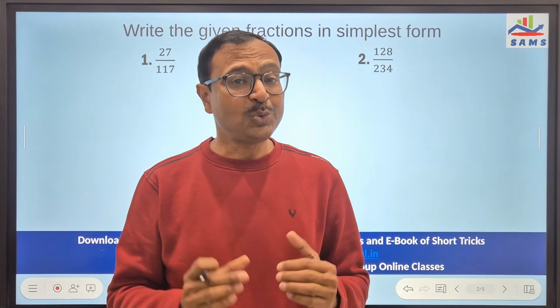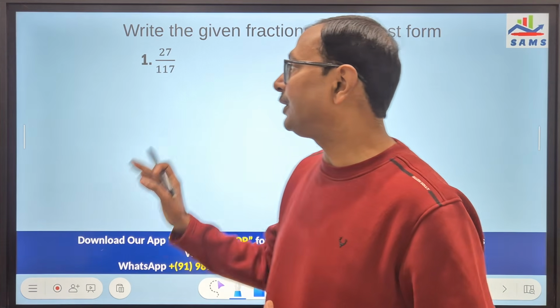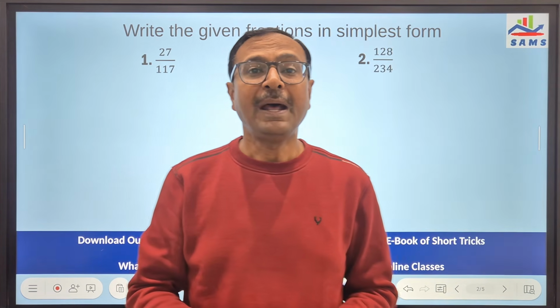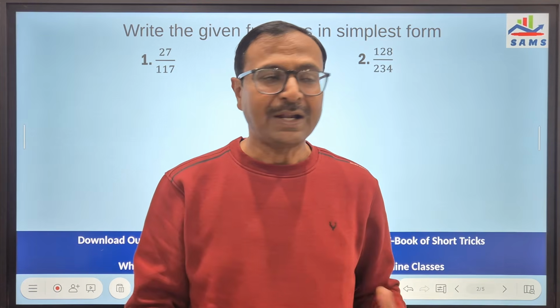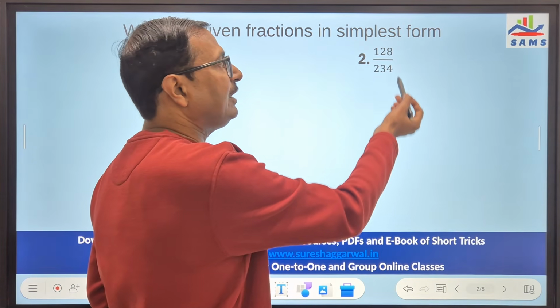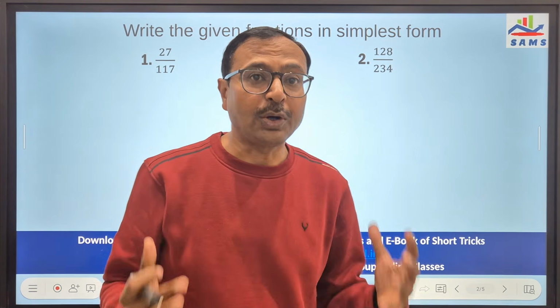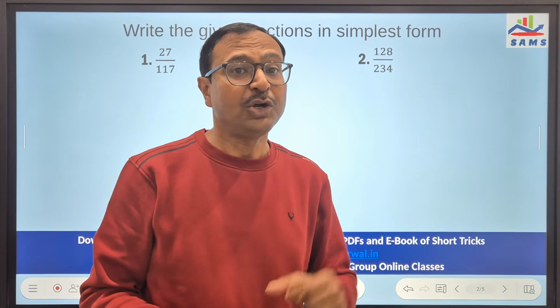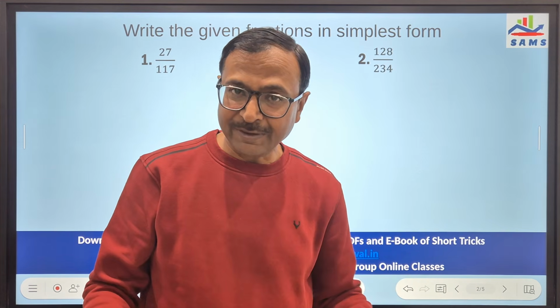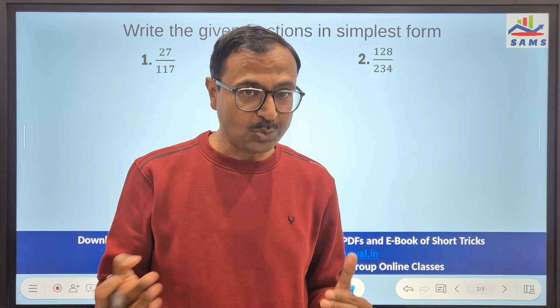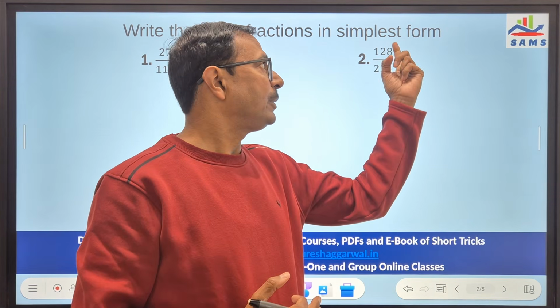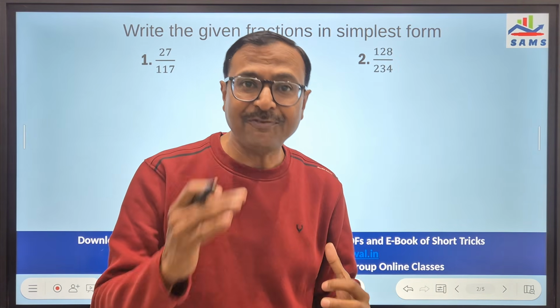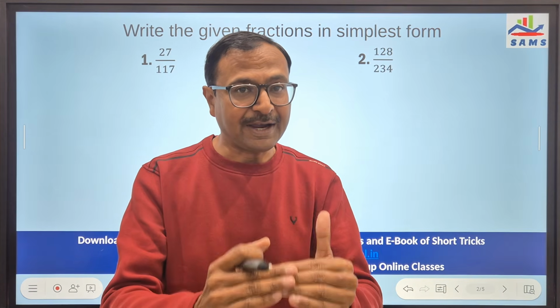So you have to check divisibility of the numerator and the denominator by odd numbers only. Likewise, if you have two even numbers here, they will surely go into 2. That means 2 will surely be a common factor, and that's what you need to do. Divide the numerator and denominator by the common factor.